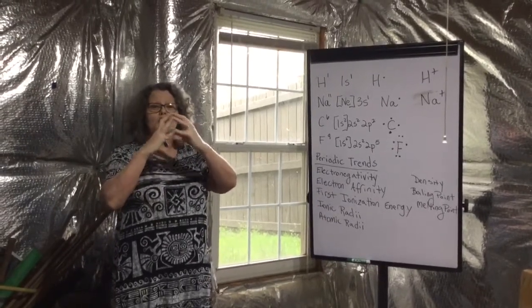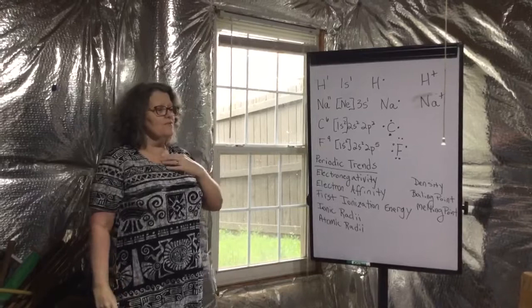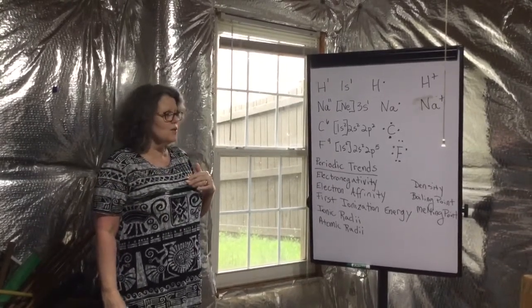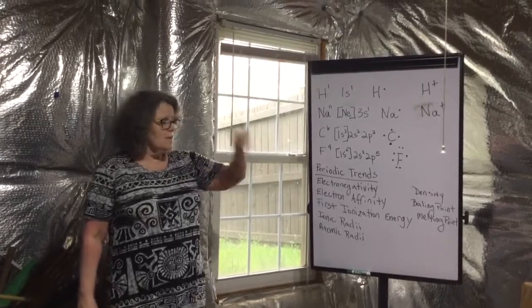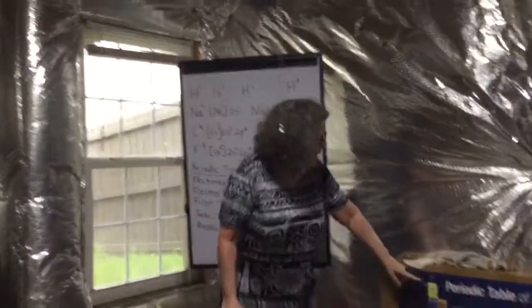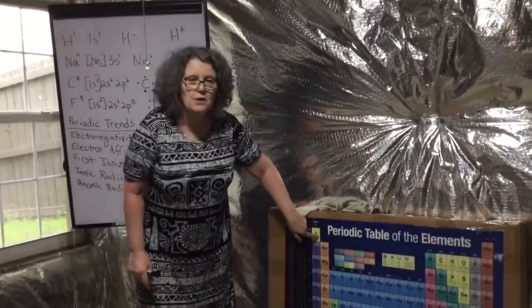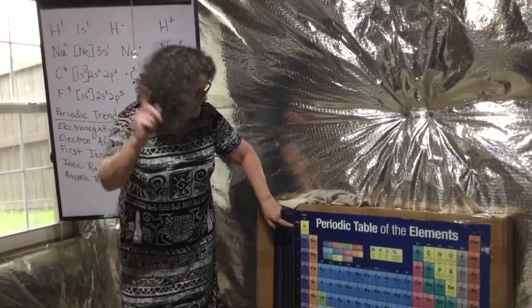They're very much attracted, okay? It's very, very difficult to remove any of the electrons when they're that close to the nucleus. And when hydrogen loses an electron, it's basically now just a bare proton. That's all it is. We'll come back to that later when we do acids, okay?